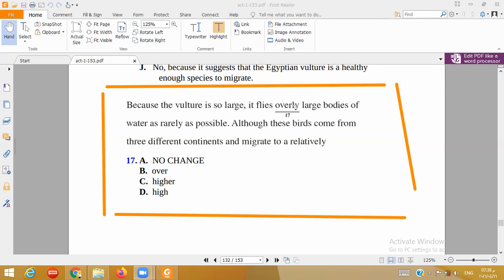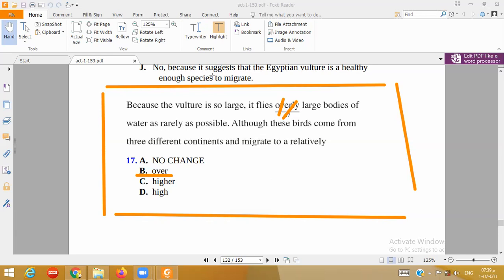We're going to change "overly" to "over." All right, so that is the second important information we learn about the Egyptian vulture. Number one, it is very large, and that's why it rarely flies over bodies of water.